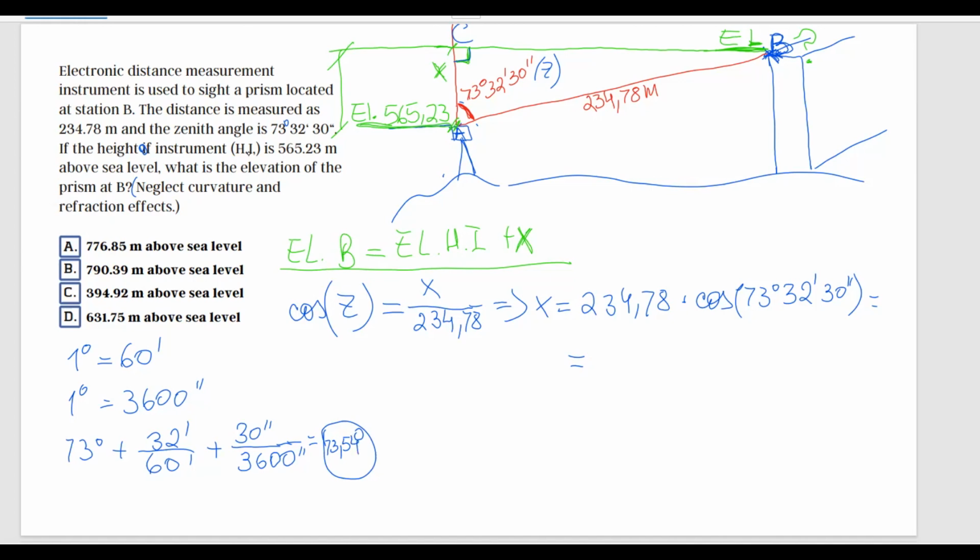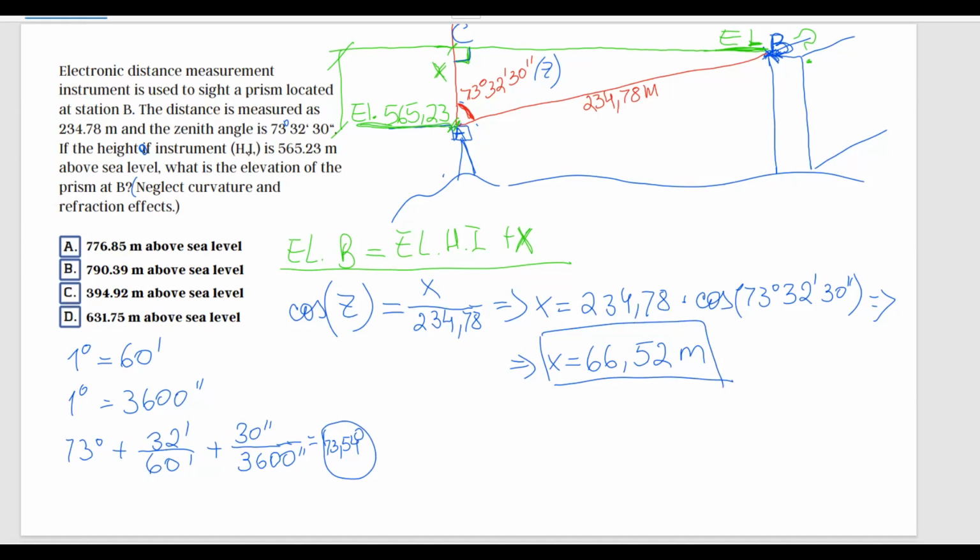degrees. And now I'll do cosine of that and multiply by 234.78. Perfect. And it results that x is equal to 66.52 meters.